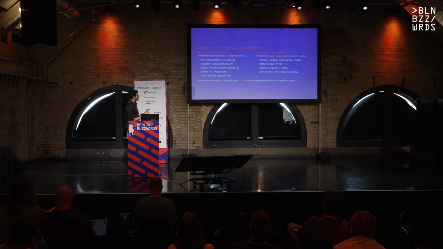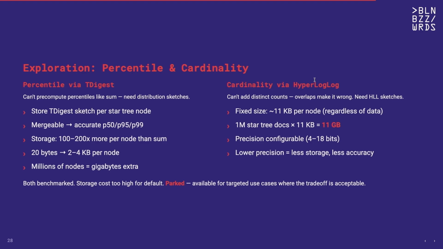Similarly, for cardinality aggregation we have the same problem. Cardinality means the total number of distinct values your dimensions have. Same case here: you can't add two distinct counts together to get a correct distinct count because there might be overlaps, right? The storage problem is even more stark here. Every HLL object takes around 11 KBs per node.